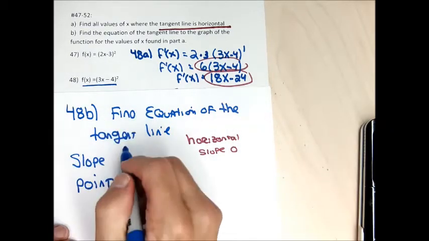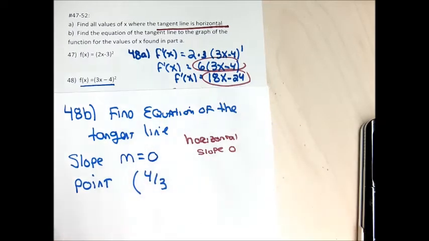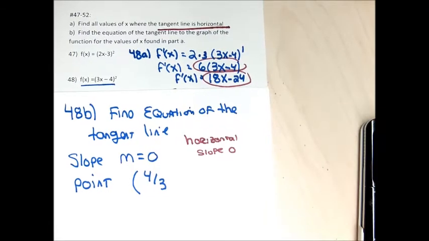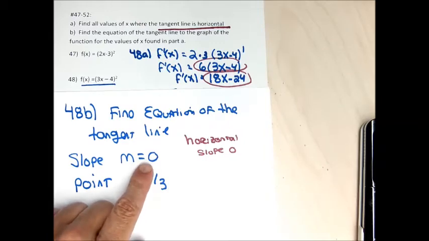So when I go to find an equation of a line, I need a point and a slope, and just like in section 2.2, or maybe 2.1, we recently found equations of tangent lines. I need a point and a slope. Usually I get the slope by plugging the value of x into the derivative, but I don't need to do that here because horizontal lines have slopes of 0, so I could skip that step and be clever.